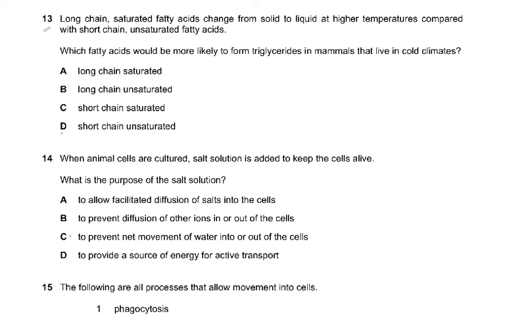Question number 13. Long chain saturated fatty acids change from solid to liquid at higher temperatures. Naturally, if you heat butter or ghee, butter is solid, but when you heat it, it becomes liquid at higher temperatures. So compared with short chain unsaturated fatty acids, which fatty acids would be more likely to form triglycerides in mammals that live in cold climates?